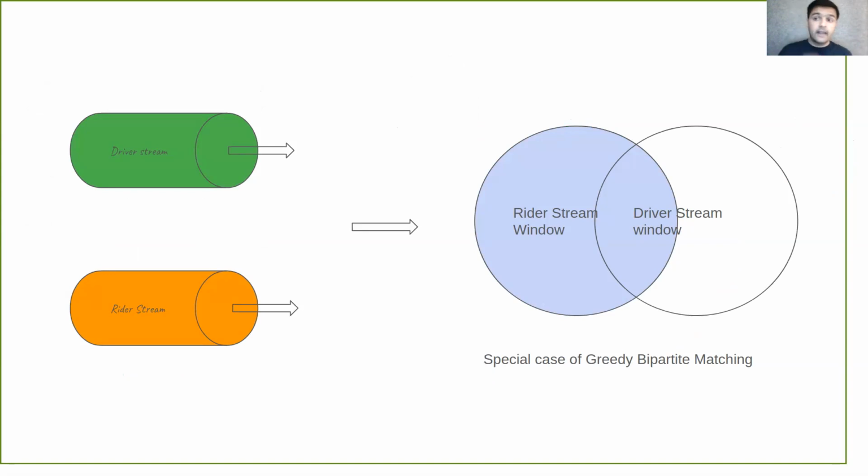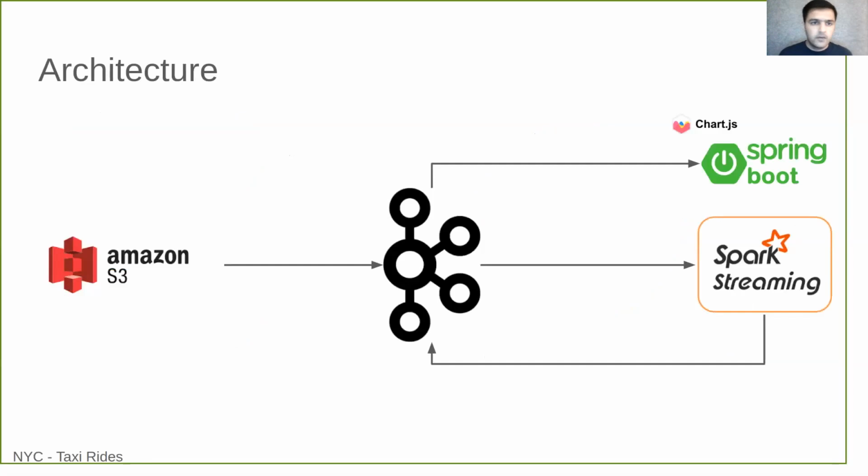After I get the join results, I do a greedy matching on them. The results will not be as optimal as maximal bipartite matching, but it will be workable for the first iteration of any organization. Keeping that in mind, I started building my entire infrastructure.